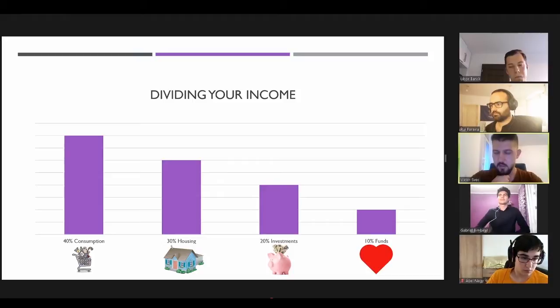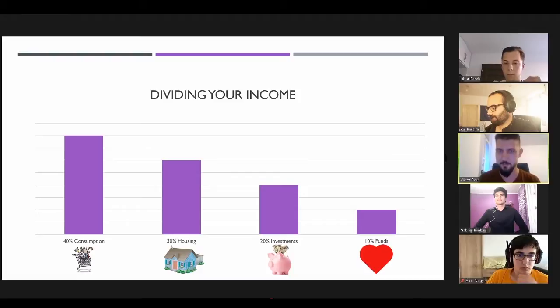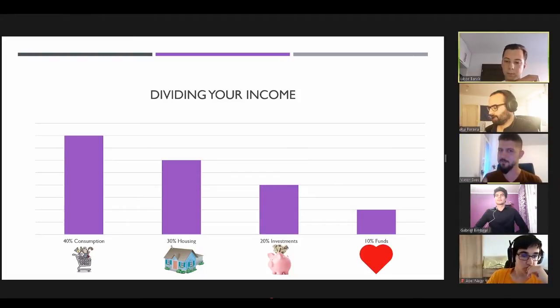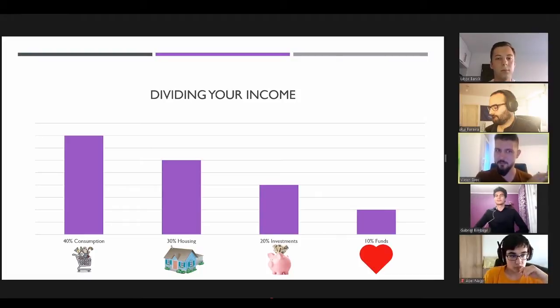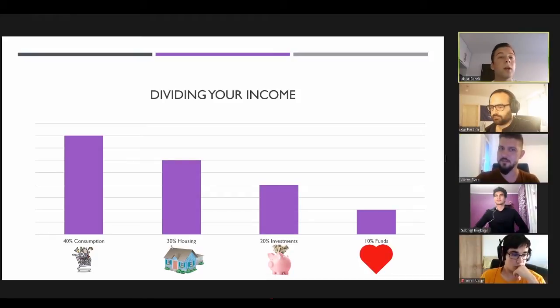Funds, and actually, you mentioned that in your funds you have to have like 6 months of expenses or 2 or 3 months of salary, whatever. If you have a place, for example a savings account in the bank, and it's filled with money, if you're earning €1,000 and you have 6,000 there, do you still need to put more money there, or can you use it somehow else? That's a good question.